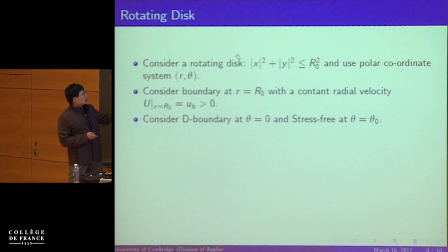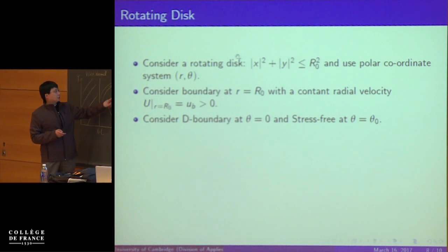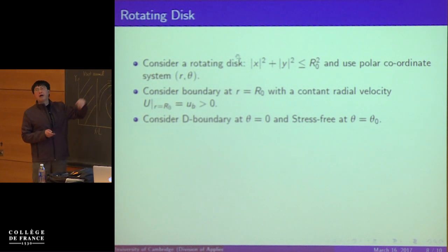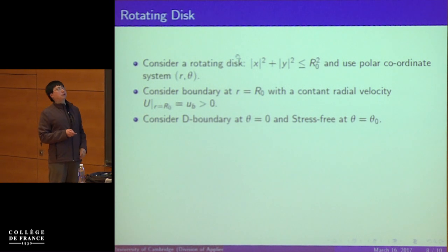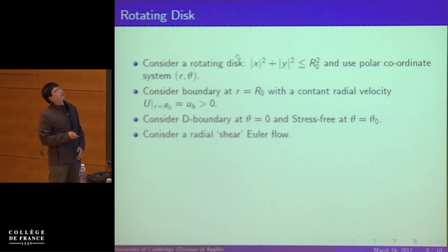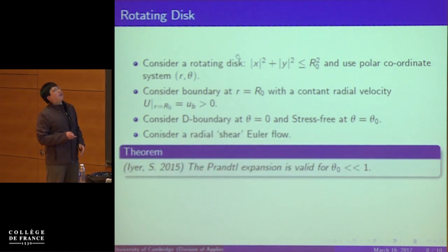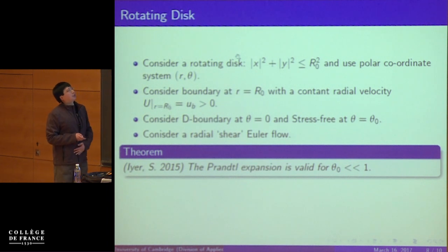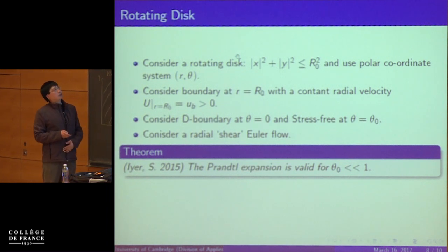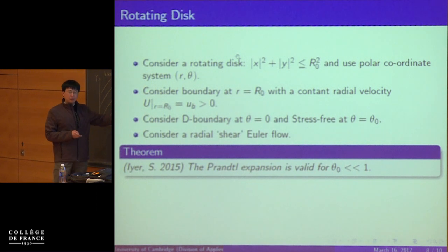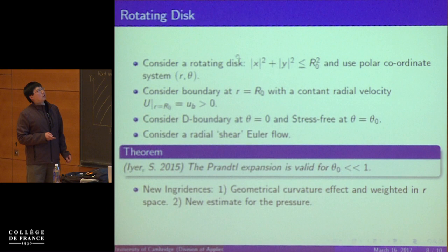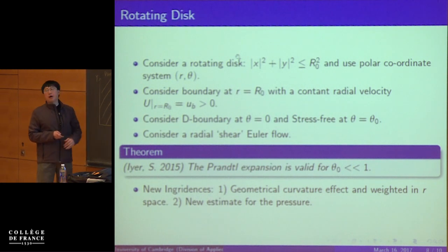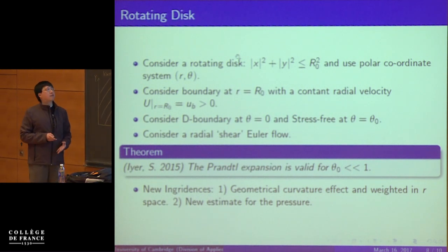And then of course we have a real flow, the Navier-Stokes flow, which again has the non-slip boundary condition. And then we could have a shear-like Euler flow as well in this case. My PhD student, Sameer Iyer, could show that the Prandtl expansion is still valid. The new ingredient there is certainly the curvature effect.